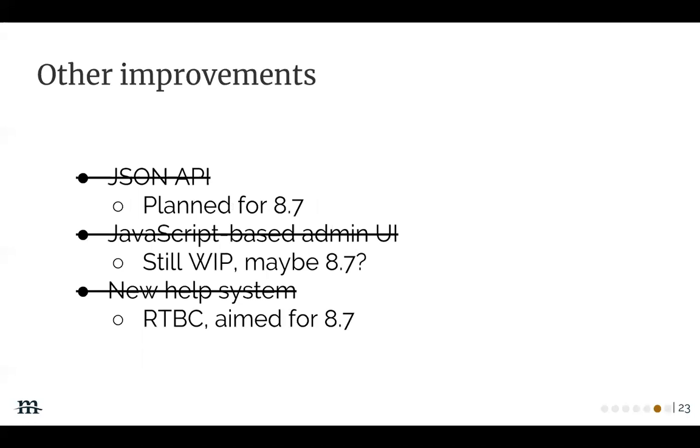However, it wasn't quite ready for inclusion in 8.6 when it got to the beta release cycle. And so it was decided to wait on that and instead put it into 8.7 next year.